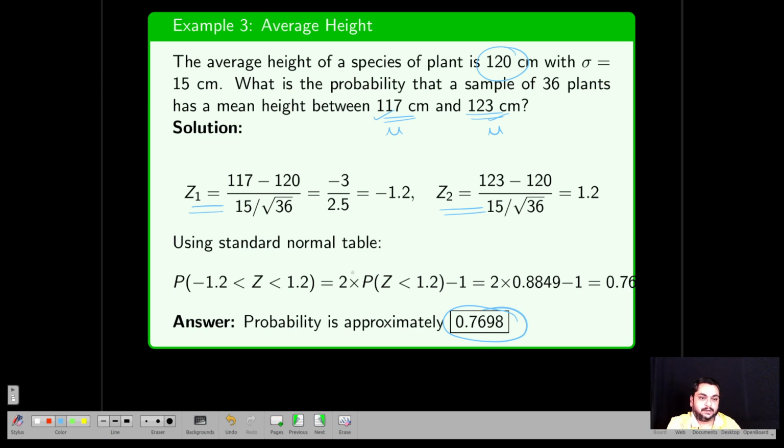Calculate Z1, Z2, and then calculate the probability that it lies between them. This is saying 0.76, that is around 76%. Whatever you're estimating for the population lies between these with 76% chance. That is what it means. So we are estimating.